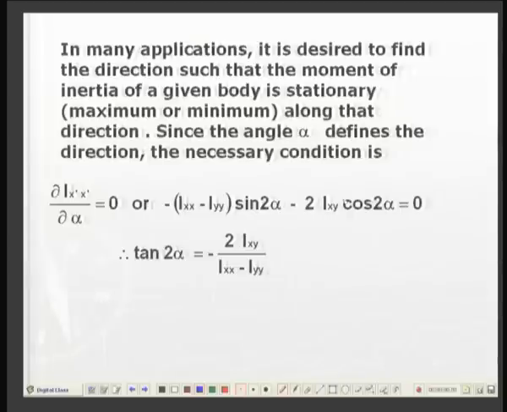For example, if a plate is circular, then you take any two perpendicular diameters, they can serve as x axis and y axis, because along that the product of inertia Ixy will be 0. So, it means any two diameters will be principal axis of inertia, and fortunately maximum and minimum value will be identical, because Ixx in this case will be equal to Iyy, about any other diameter also it will be same.